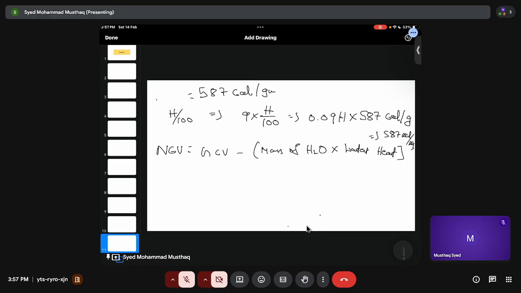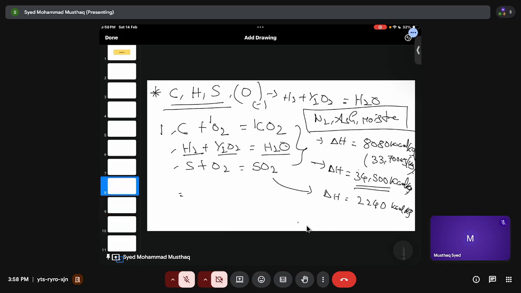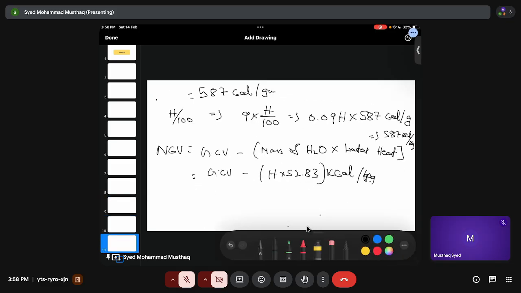So this will give me GCV minus H into, let me calculate, 0.09 times 587, that is 52.83, so 52.83 H. This is in kilocalorie per kg, because everything we have mentioned is in kilograms, so it's better to mention everything in kilograms to avoid any ambiguity.